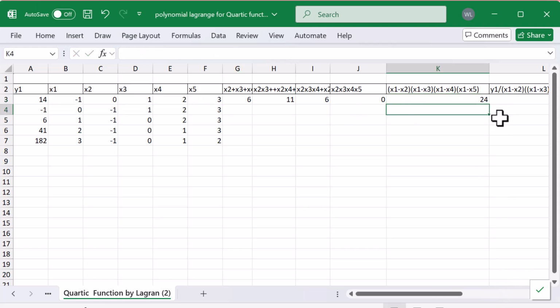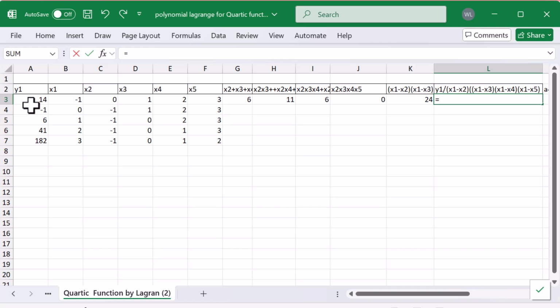Then column L is y1 over column K. Don't forget this equal sign. y1 divided by column K, enter. Then for column G, click this 6.